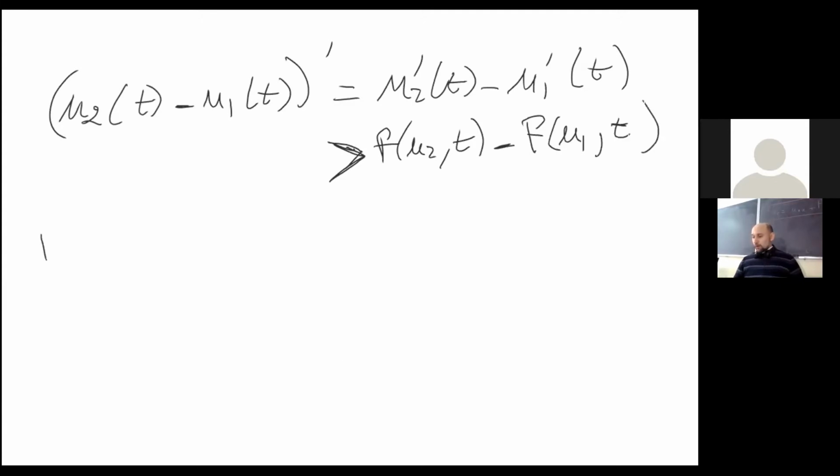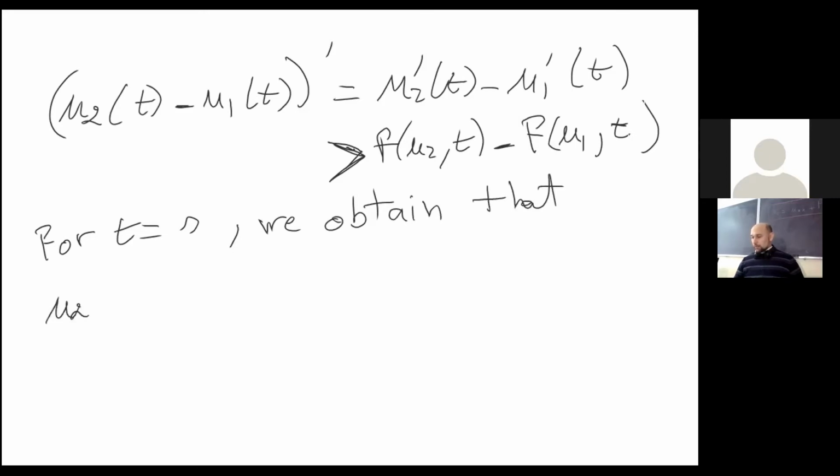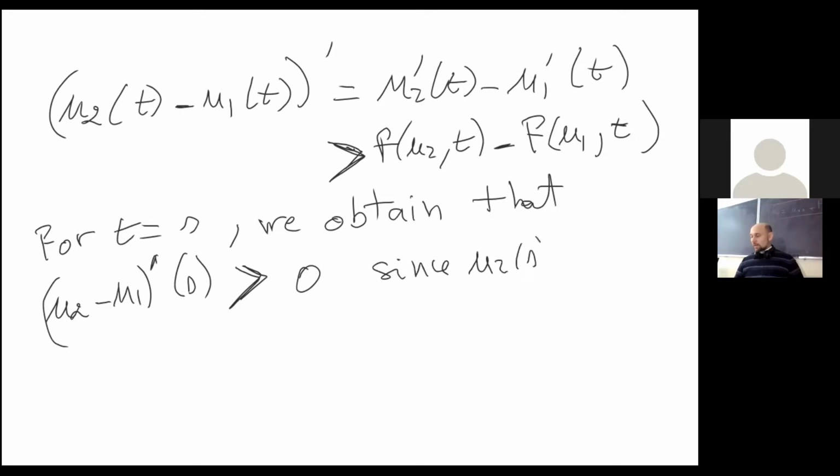So for t equals s, we obtain that (u2 minus u1)' of s is greater than 0, because we assume that for t equals s, u2 of s equals u1 of s. And so we assume that s is the first time that we reach the equality.